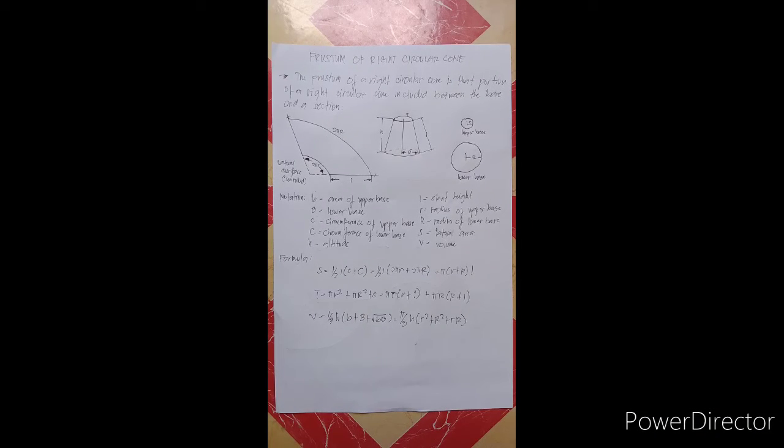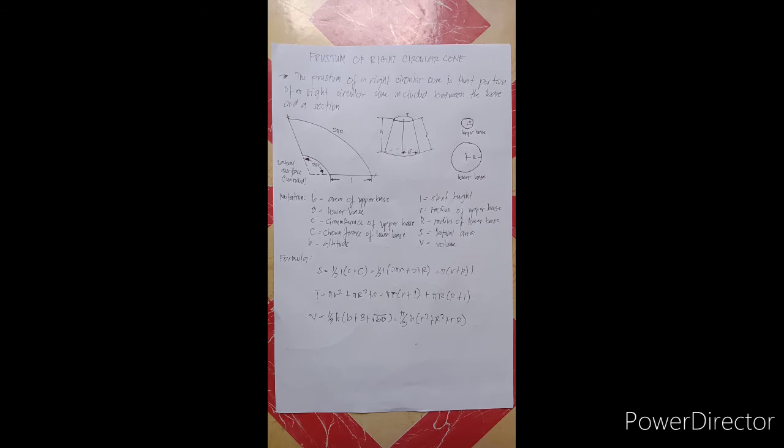So, the frustum of a right circular cone. The frustum of a right circular cone is that portion of a right circular cone included between the base and a section. The altitude of a frustum of a right circular cone is the perpendicular distance between the two bases, the upper and the lower.